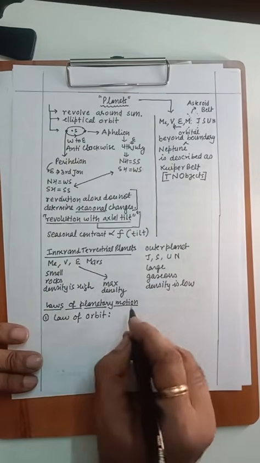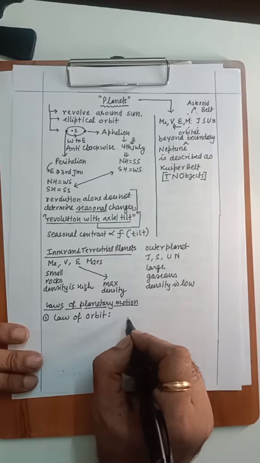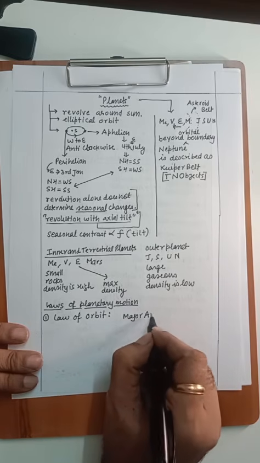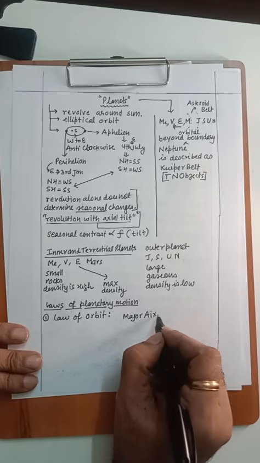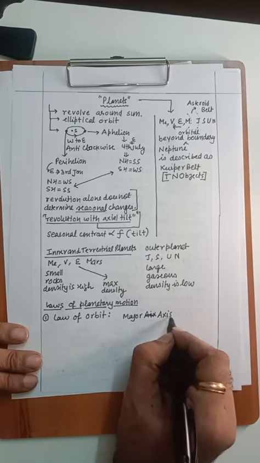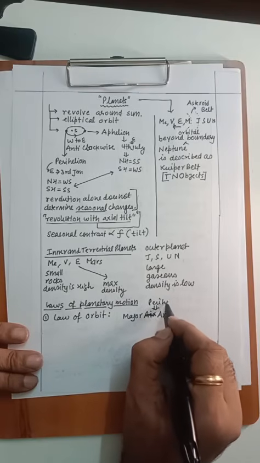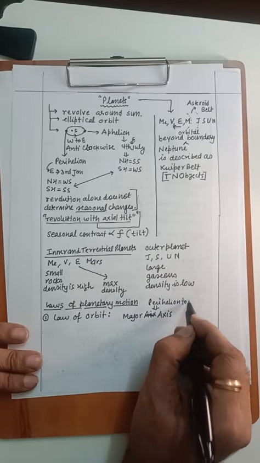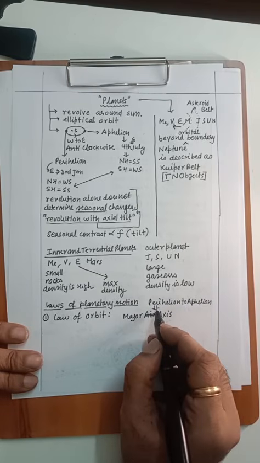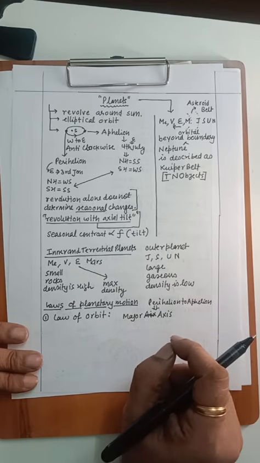So remember that the distance between perihelion and aphelion is called the major axis. That is the distance from the perihelion position of a planet to the aphelion position of a planet in our solar system.